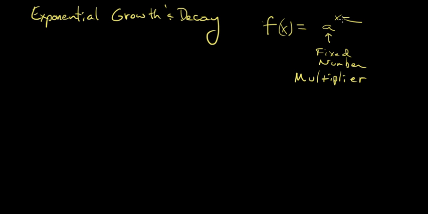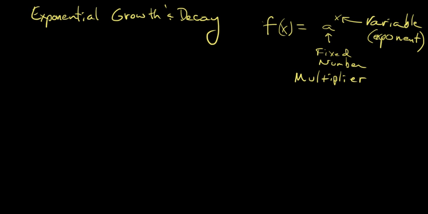And your variable is up here, your exponent. Oddly enough, that's why we call it exponential growth and decay, or exponential function. So anyway, we're going to talk about exponential functions.